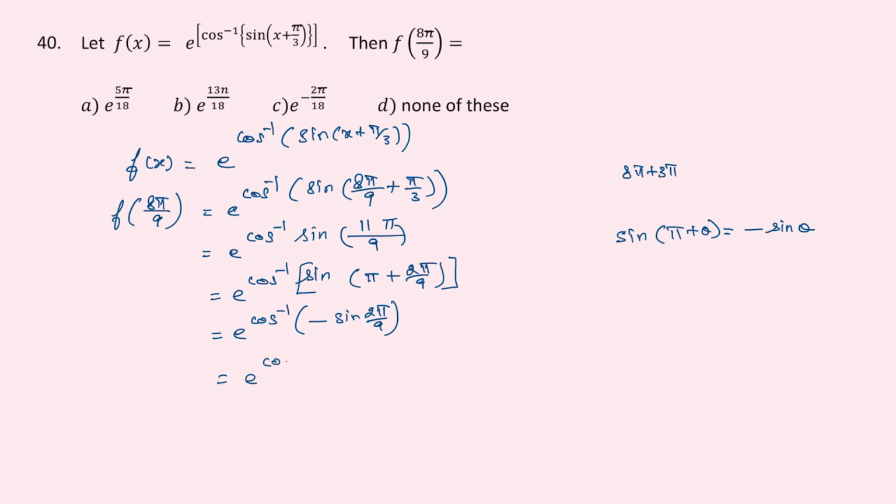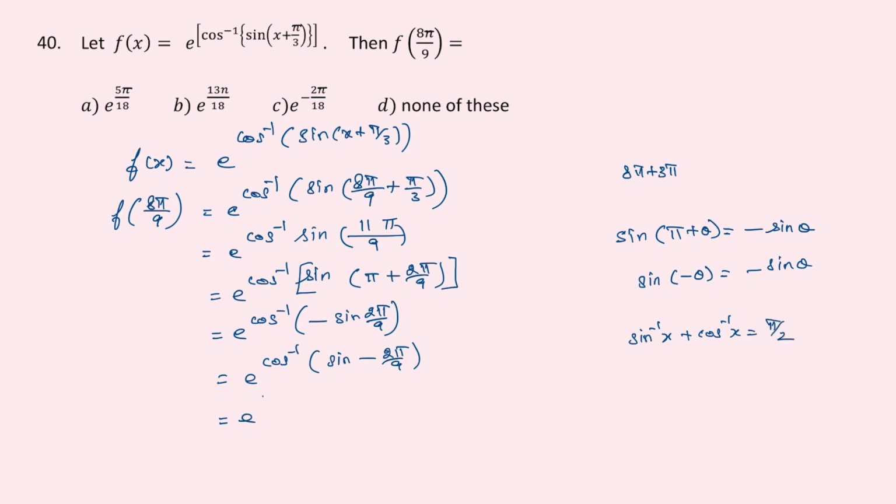And this can be written as sine of minus 2 pi by 9 because sine of minus theta is minus sine theta. And we can change cos inverse to sine inverse because sine inverse of x plus cos inverse of x is pi by 2.